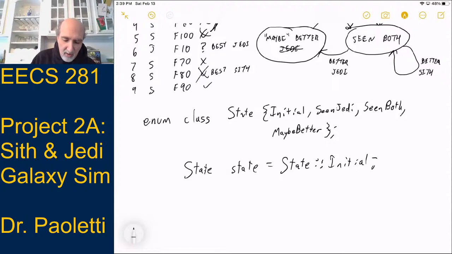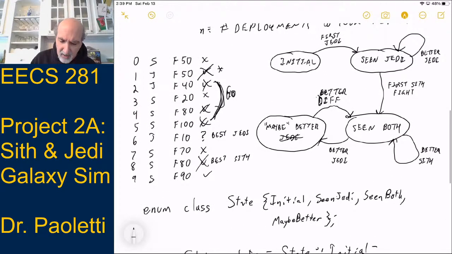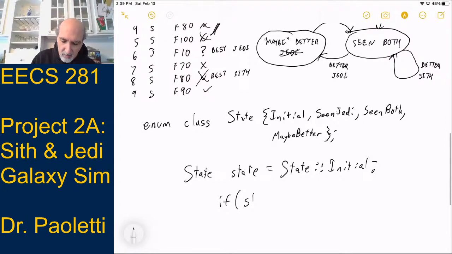And then we can use it in ifs. Like later on, I can say if my state equals State::initial. And then inside of that, I could say if the deployment type is equal to Jedi.